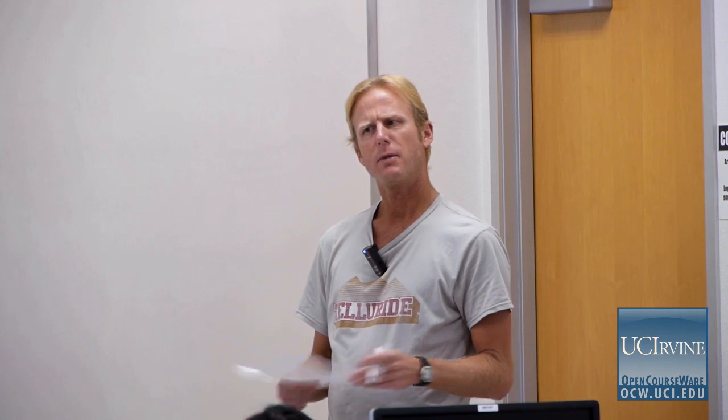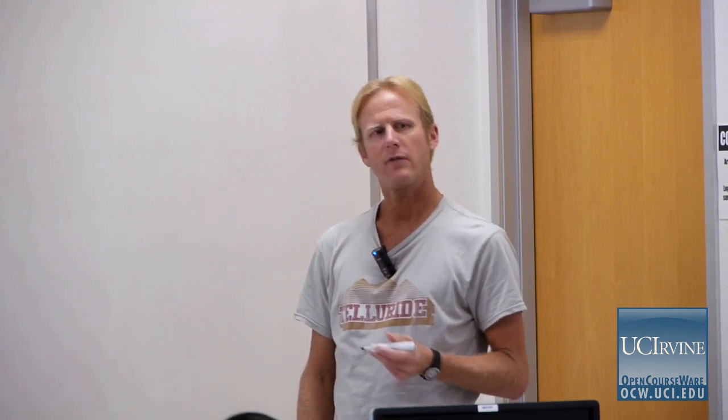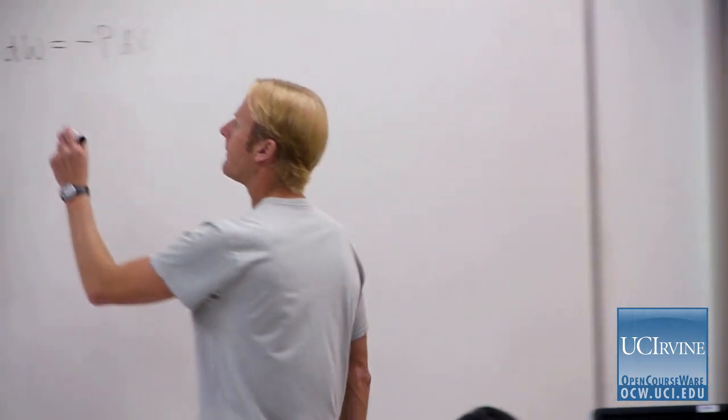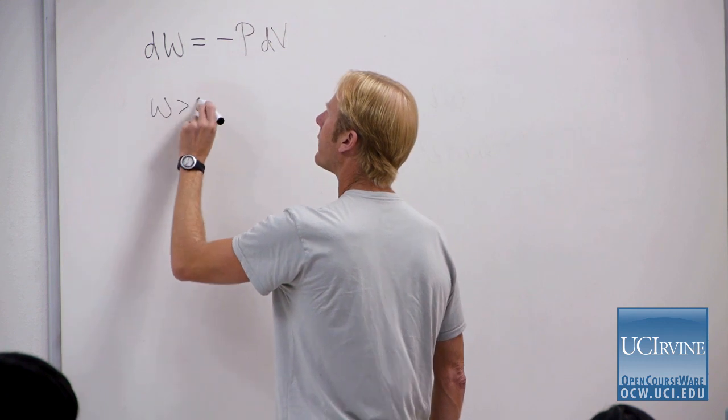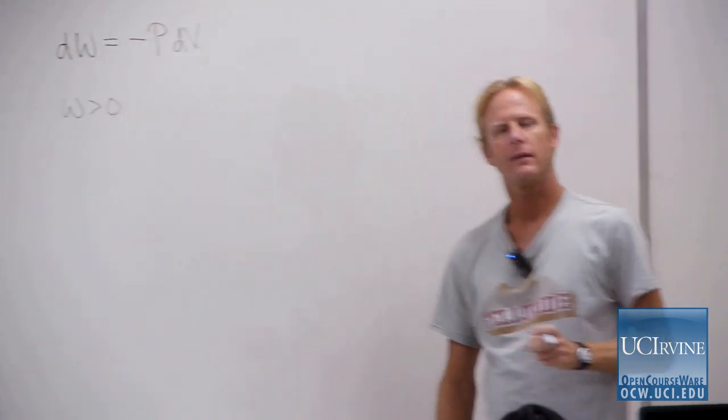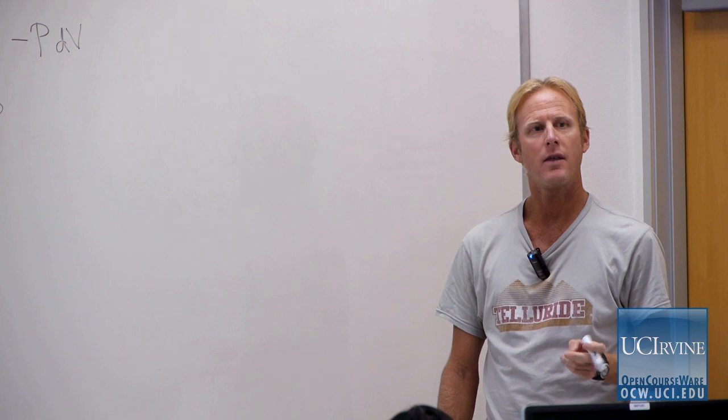Now, what if you want to calculate the work for a finite volume change? Actually, let's first ask if this makes sense. So do you remember in G-Chem what the sign convention is for work? Do you remember? We would say that work is greater than 0 if work is done on a system.